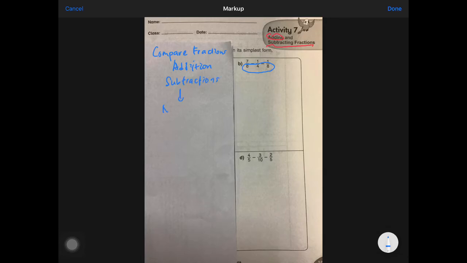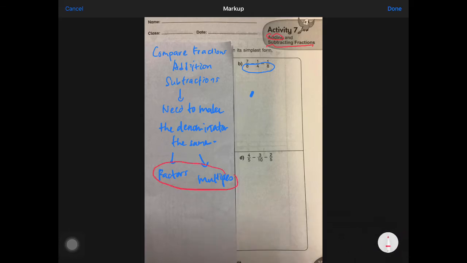We all need to make the denominator the same. Okay, so how do you make the denominator the same? You use factors and multiples.